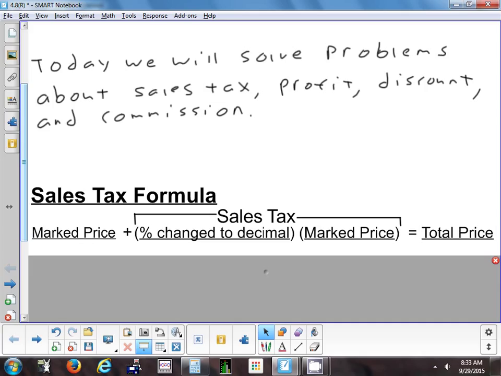But then you have to add the sales tax to it. Mr. Roy and I put the formula right here, how you calculate sales tax. Guys, you can't put percent change to decimal, you just put percent to decimal, save yourself some space. So to find your sales tax, you take the percent and multiply by the marked price.